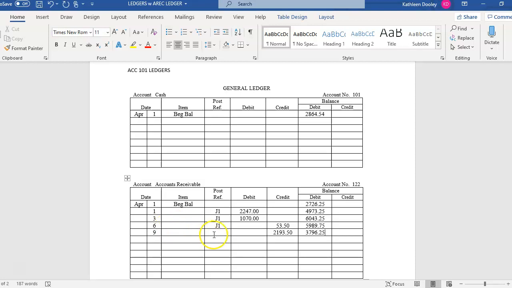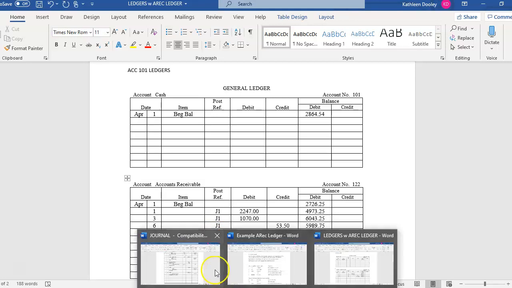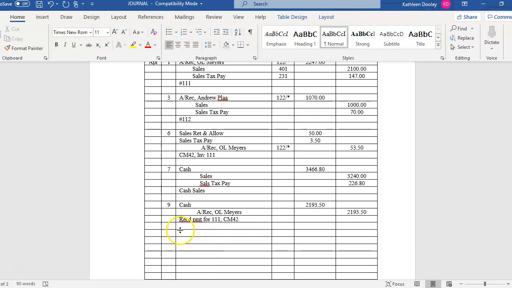Okay, where did this come from? J1. I go back to my journal, and here on this line I credited accounts receivable, and I also credited O.L. Myers. So I've done both of them.